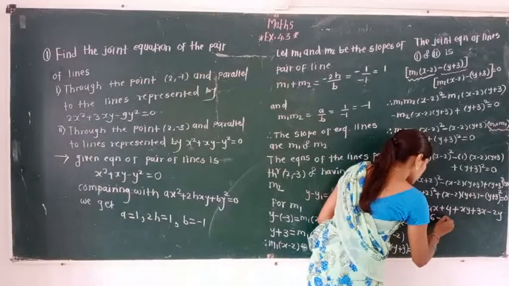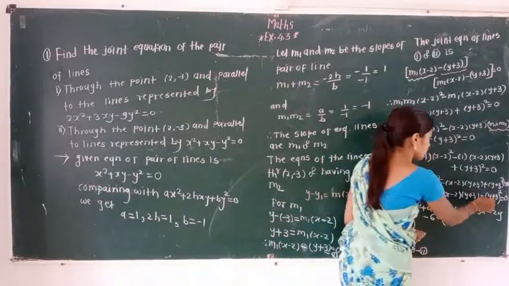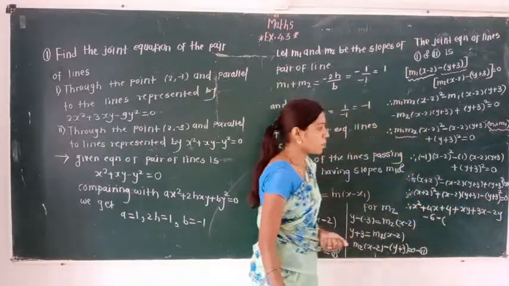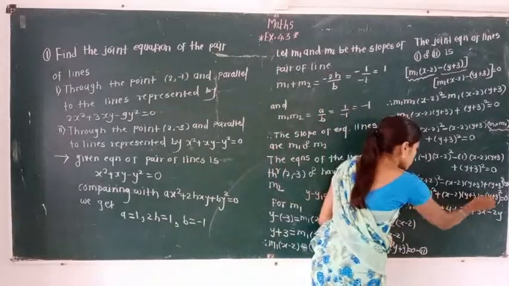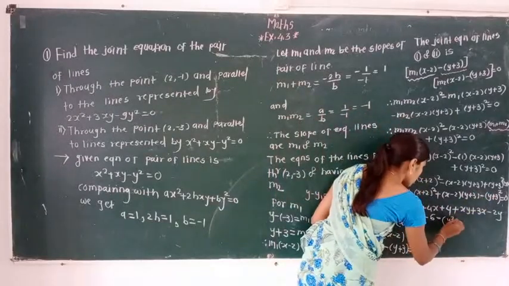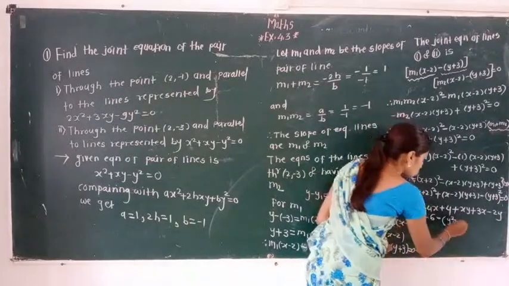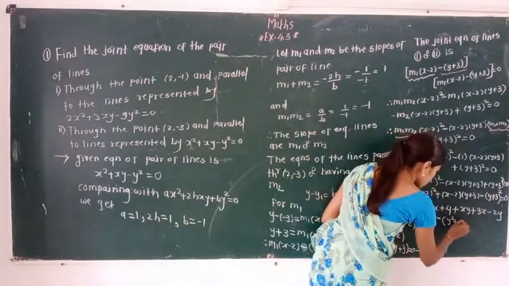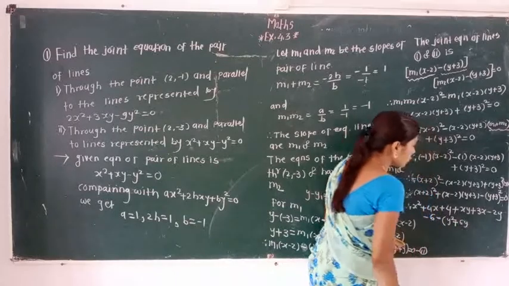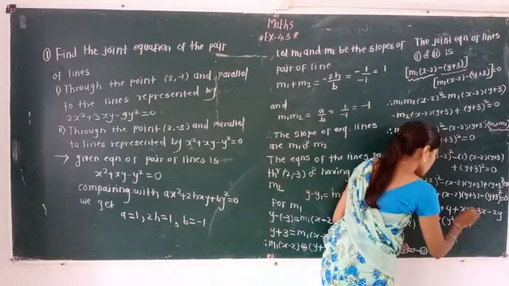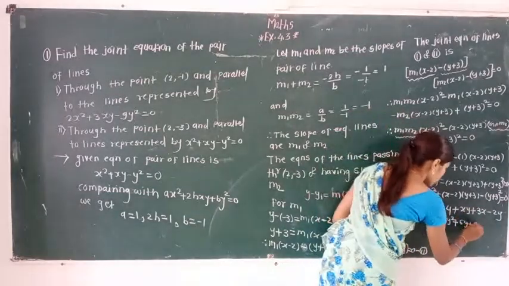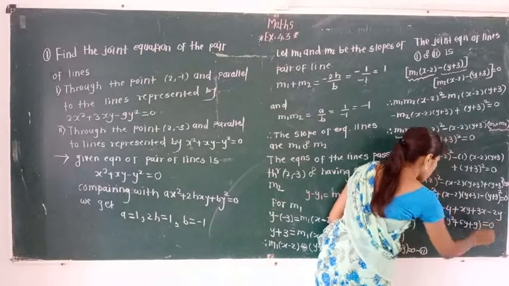Now minus in bracket the expansion of y plus 3 bracket square: first term square is y square, the middle sign is plus, 2 times first term into second term is 6y, then always take a positive sign, second term square is 9, equal to 0.